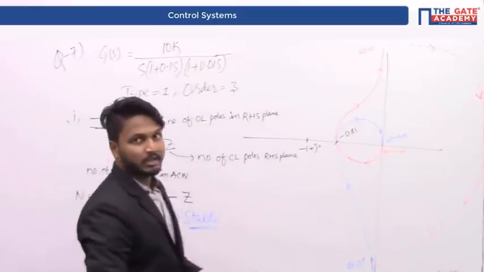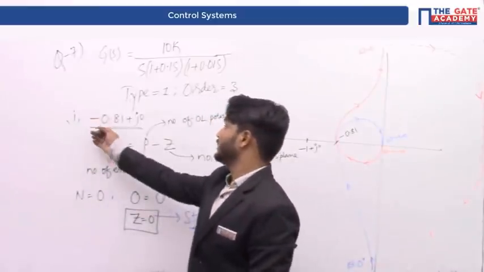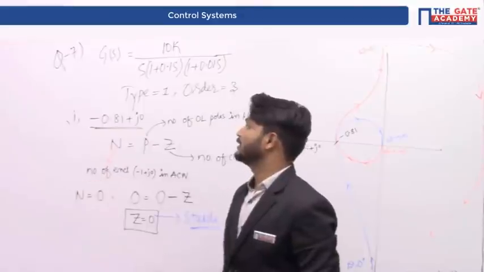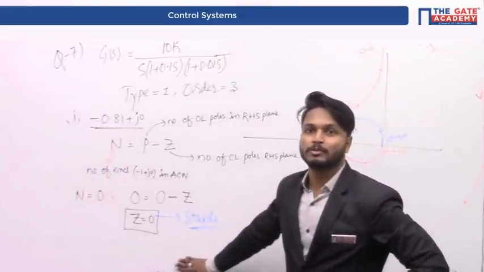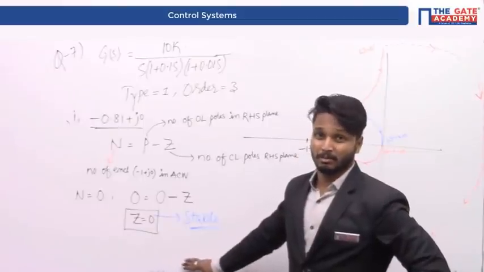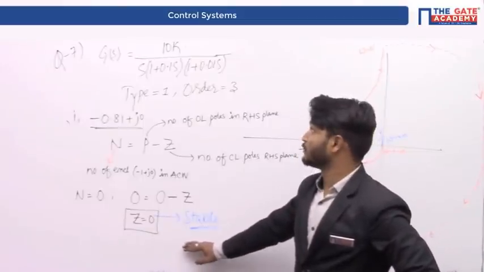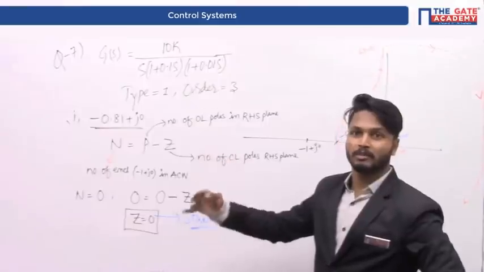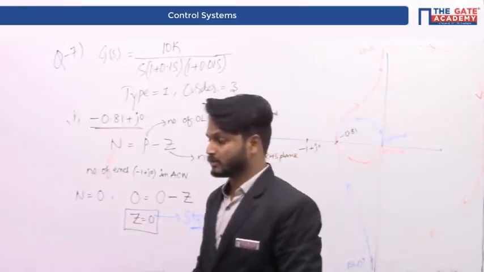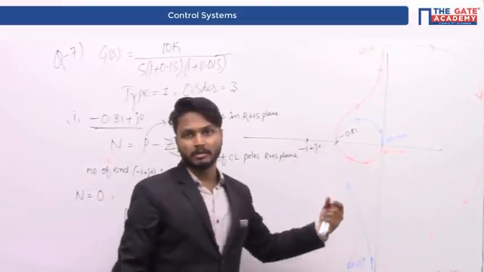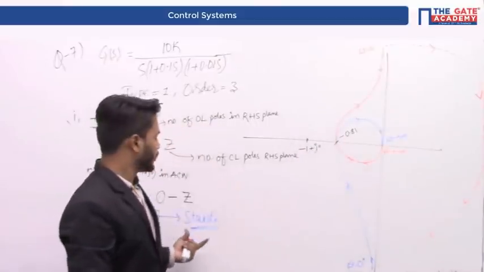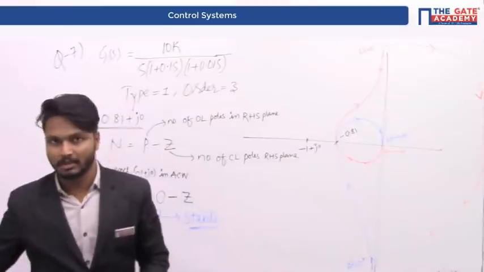And for the condition given in problem 1, that is, if the point of intersection is at minus 0.81 plus j0, the closed loop system is going to be stable. This conclusion we have drawn from the open loop Nyquist plot, the plot of the system in open loop configuration. From that we can conclude about the closed loop stability.